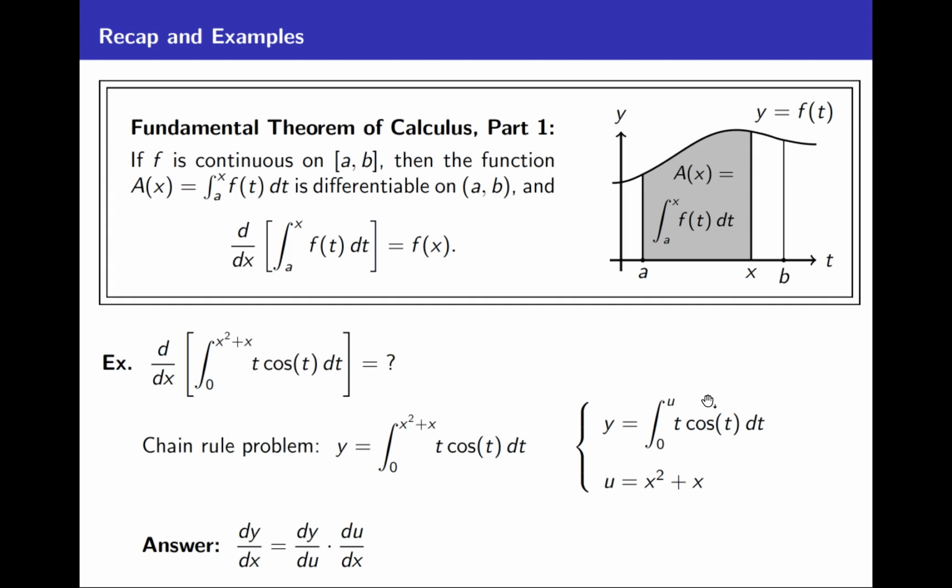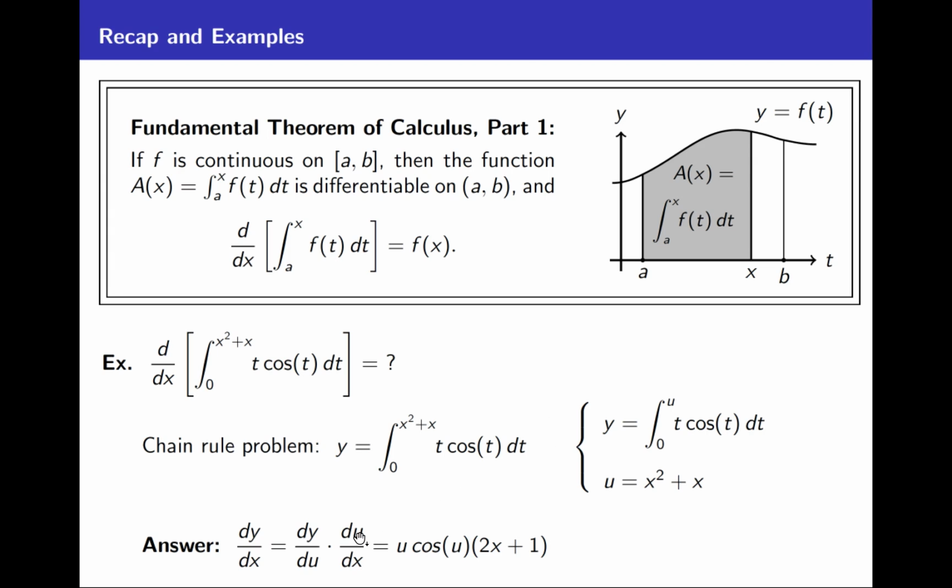That's the derivative of the integral from 0 to u of t cosine t dt. According to the fundamental theorem of calculus part 1, that would be f of what the upper limit of integration is. In this case, u. So dy/du should be u cosine u.